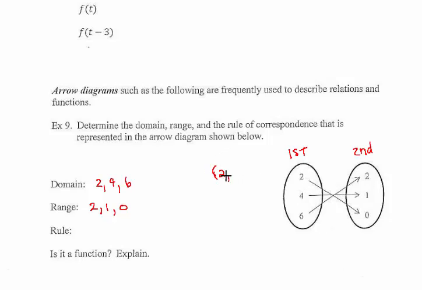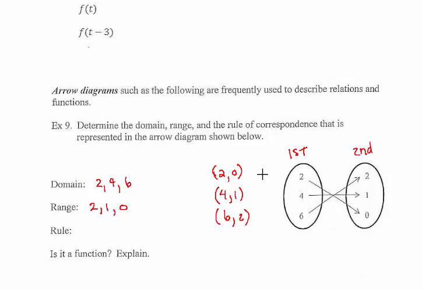So 2 is assigned to 0, and then 4 is assigned to 1, and 6 is assigned to 2. What kind of rule could we make out of these assignments? 2 goes to 0, 4 goes to 1, and 6 goes to 2.